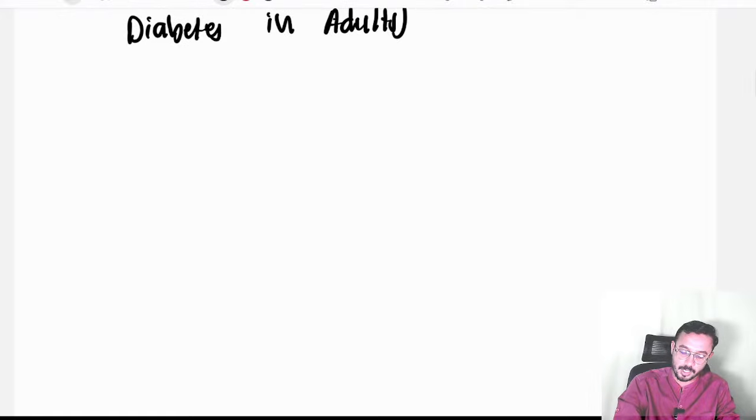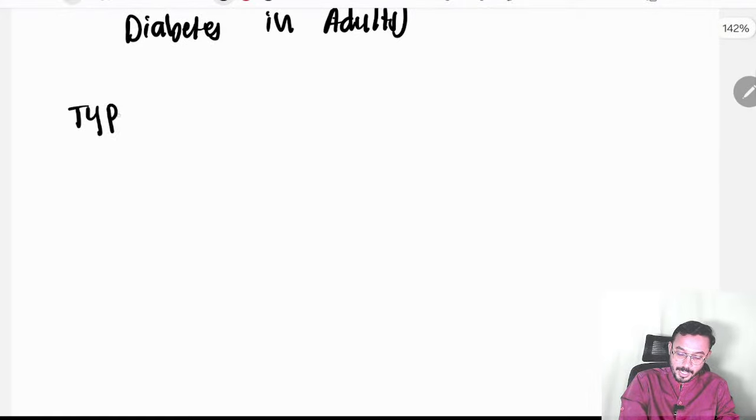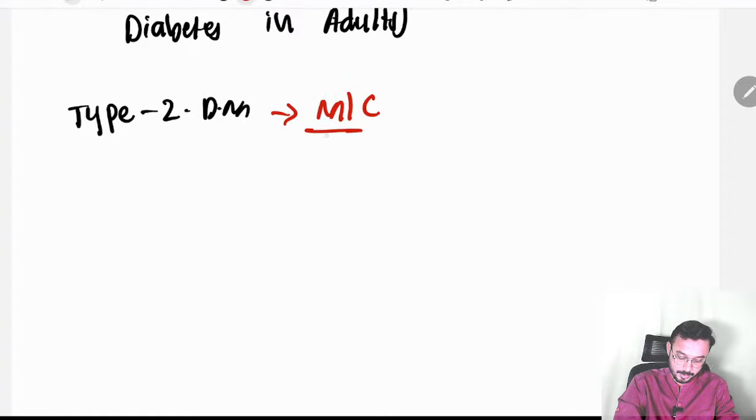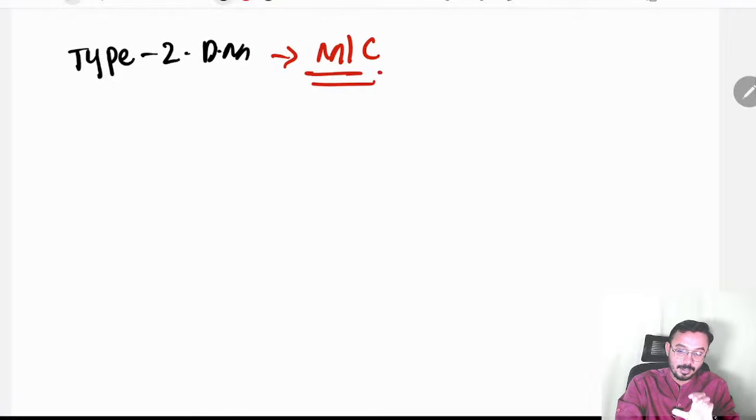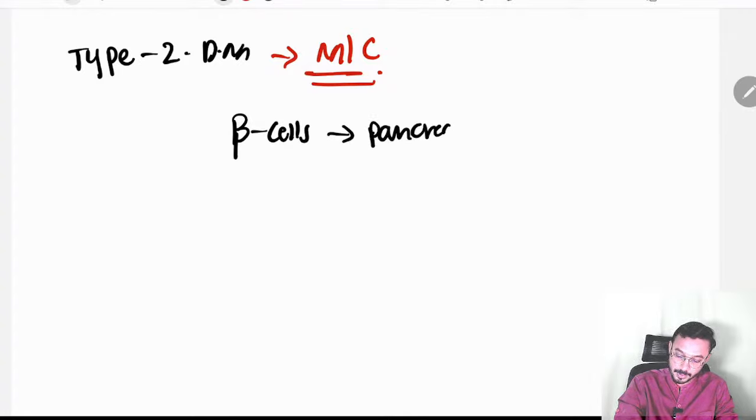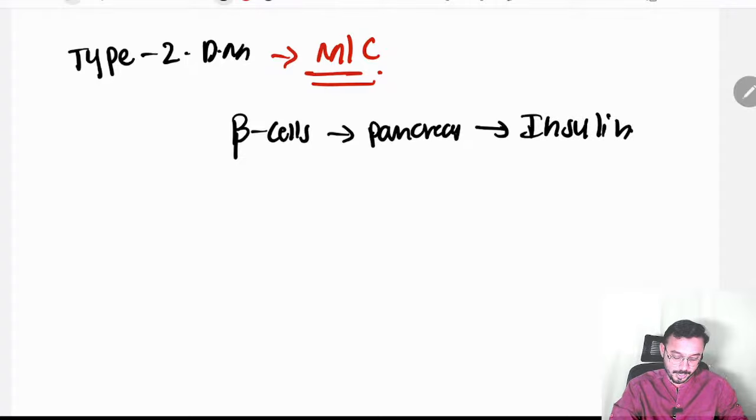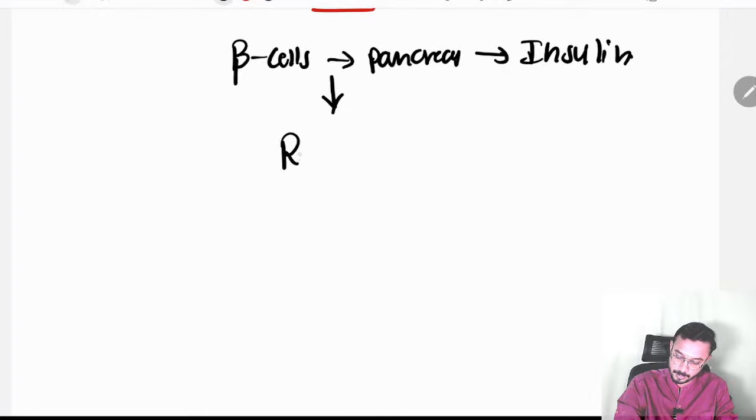Let's go to the most common diabetes overall, type 2 diabetes mellitus. Here beta cells are completely fine, and the pancreas is also producing insulin. Insulin is completely perfect, but the problem is in the receptors. Receptors do not function properly.